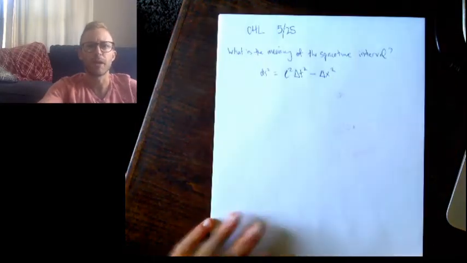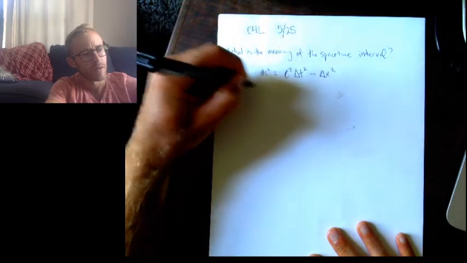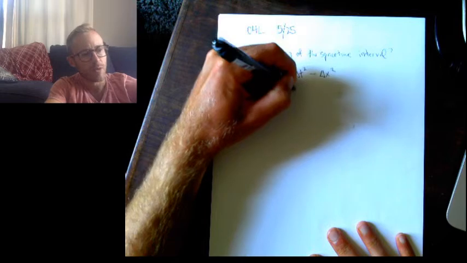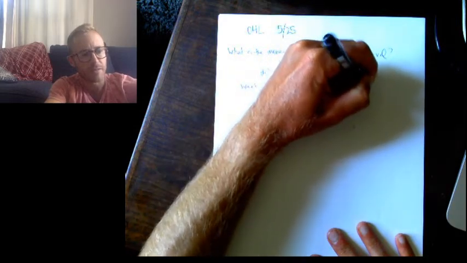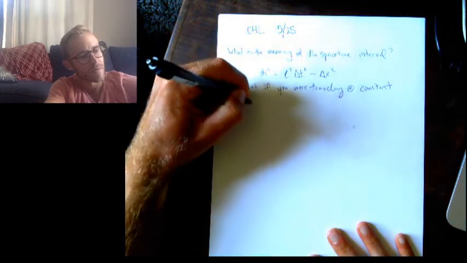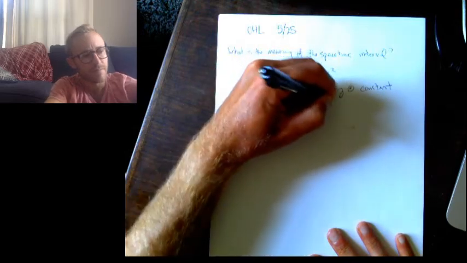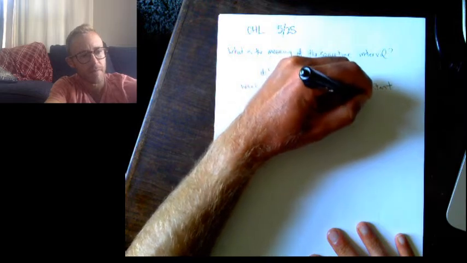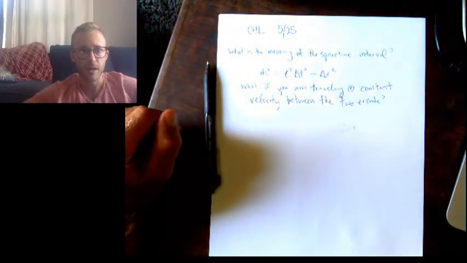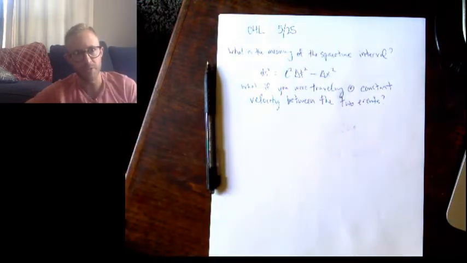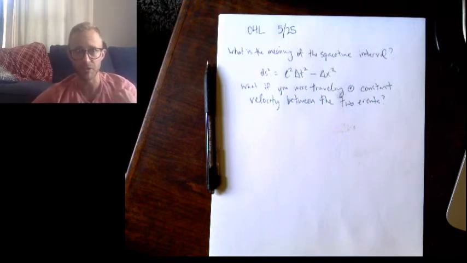So my question is, what if you were traveling at a constant velocity between the 2 events? The first event happens where you are, and the second event happens where you are, because you're traveling between the 2 events.